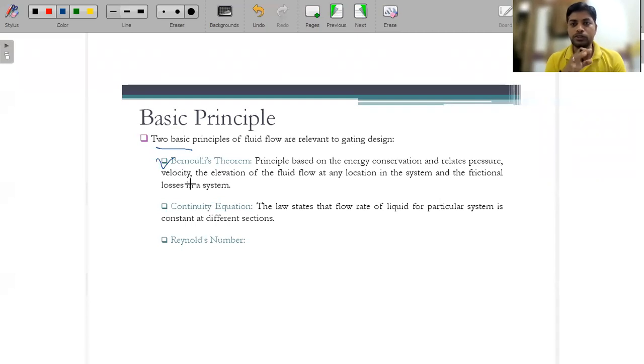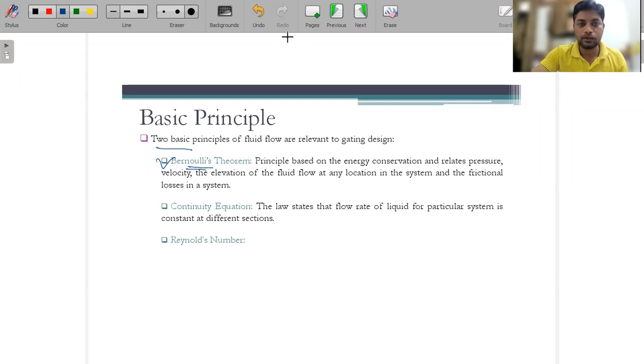Most of the students here are from civil engineering, so they are aware of Bernoulli's theorem, as they went through it in fluid mechanics. We mechanical engineers have also derived this relationship in fluid mechanics. So let's first consider Bernoulli's theorem.